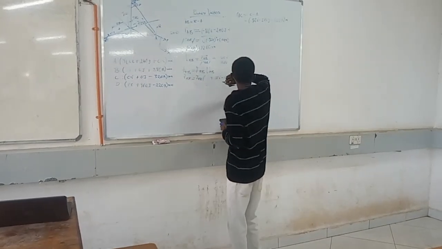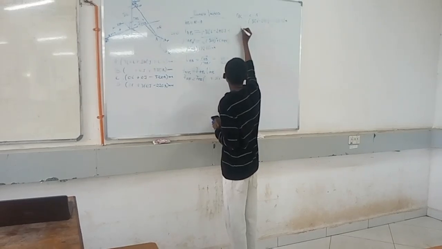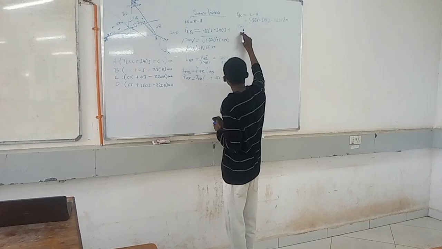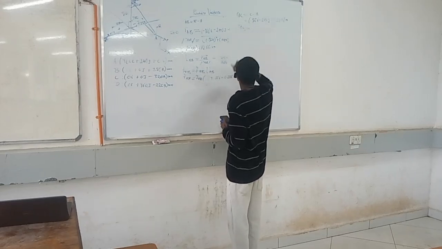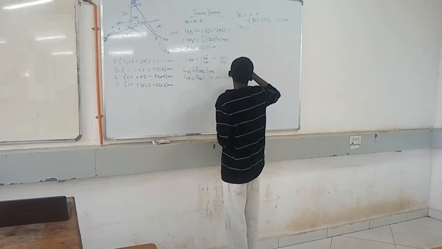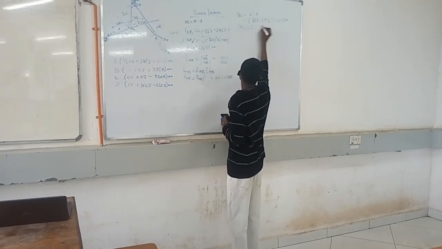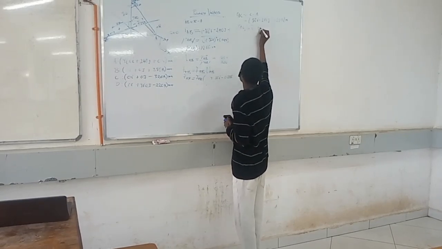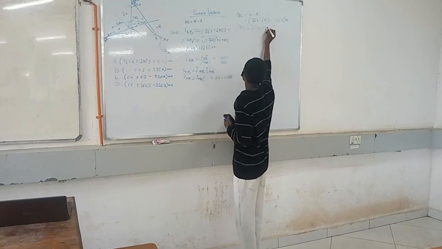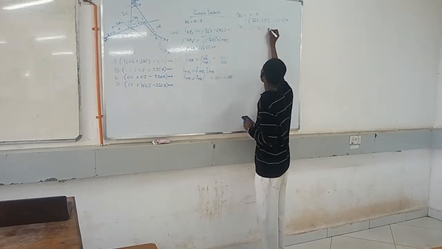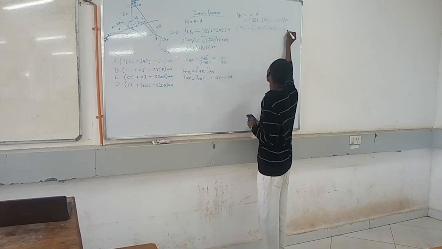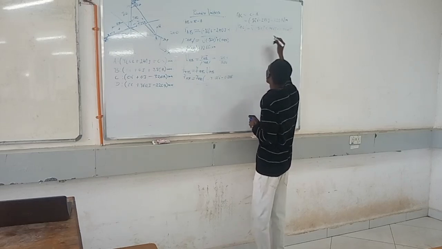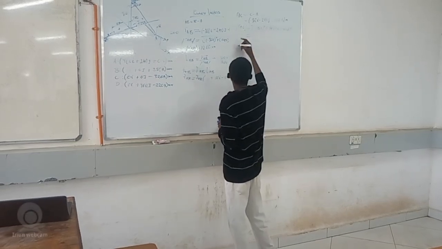That's the position vector. The next step is to find the magnitude of the position vector. This magnitude will help you find the unit vector. So what is the magnitude of AC? We say negative 960 squared plus negative 240 squared plus negative 320 squared. Can someone punch in the magnitude of AC?